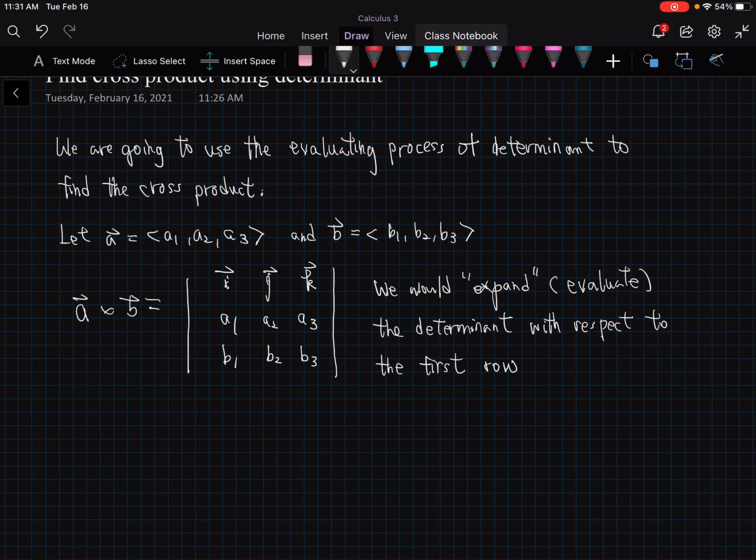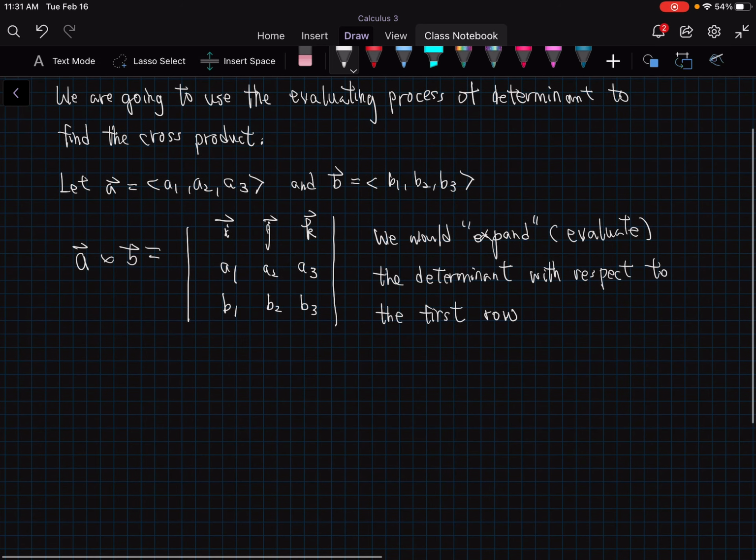As you can see, the first row is 3 vectors, right? So we're going to have this. I'm going to put the vector on the back. For the I, you cross out these two.